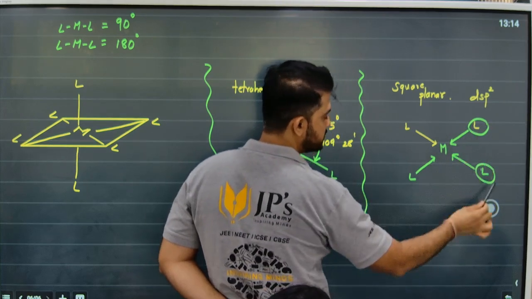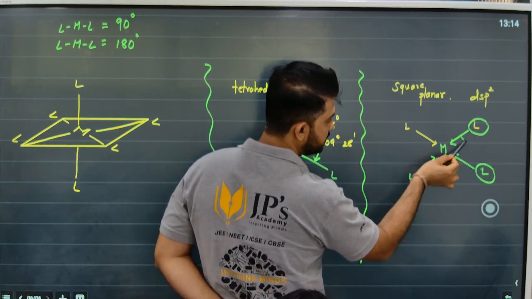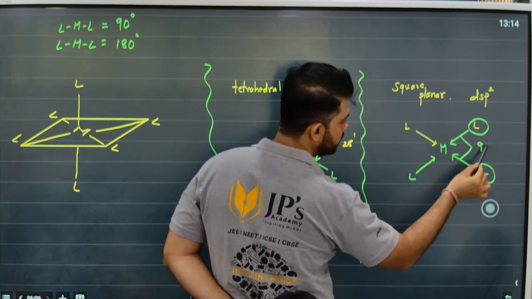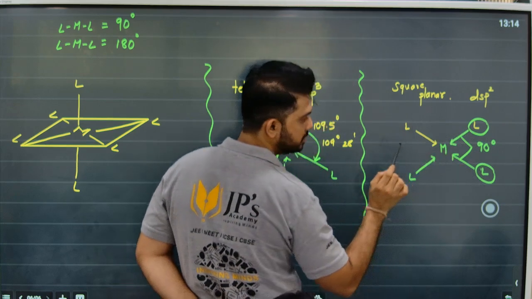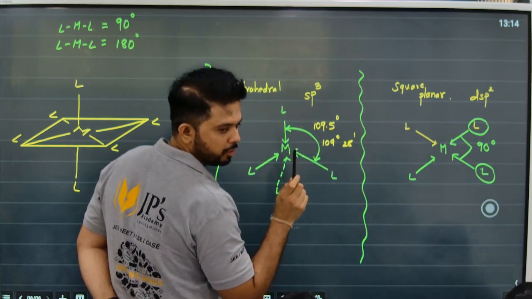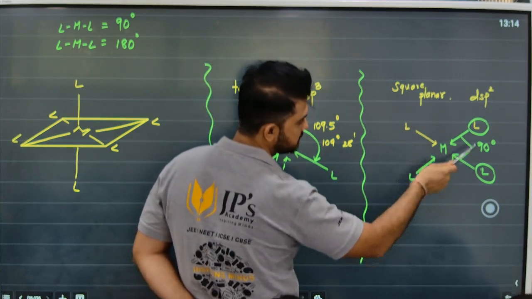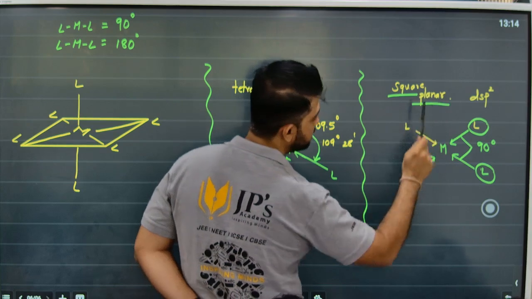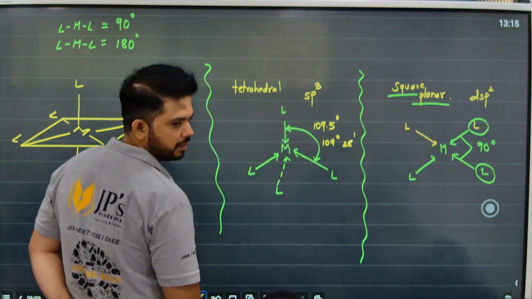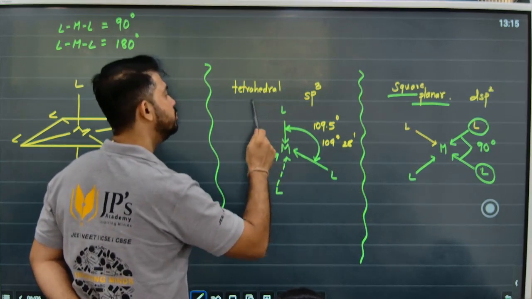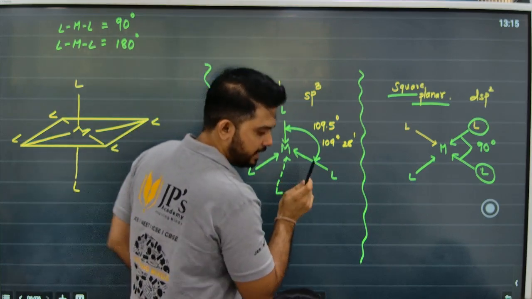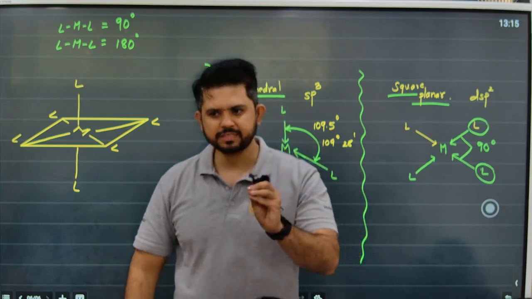The reason is they'll start repelling each other because the angle available is only. The moment you form bulky ligands, वो यहाँ पे बहुत repulsion ज़्यादा होता है. They are not stable in square planar, and that is why they move to tetrahedral. थोड़ा सा एक्स्ट्रा जिनको समझ में आ रहा है.